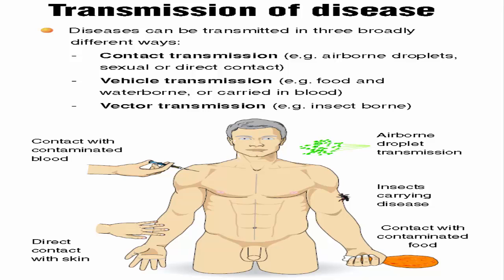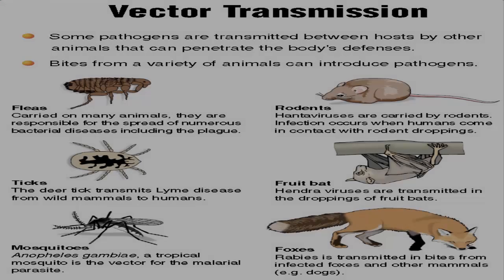And then there is vector transmission, where you are, for instance, bitten by an insect. So your job is to, using the diagram on your page, show these various ways: contact with contaminated blood, direct contact with the skin, airborne droplet transmission, insects carrying disease, or the more common one, contact with contaminated food and water.